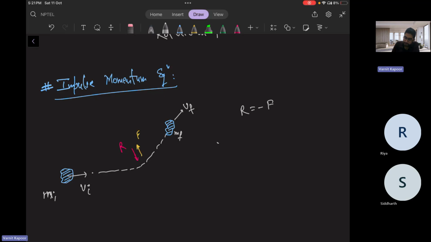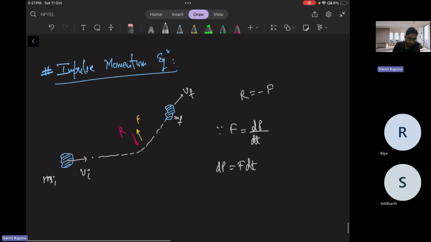Since we know that force is nothing but change of momentum, dp by dt, the change of momentum is F dt. So F dt is equal to the final momentum, mass into velocity final, minus initial momentum, mass into velocity initial.